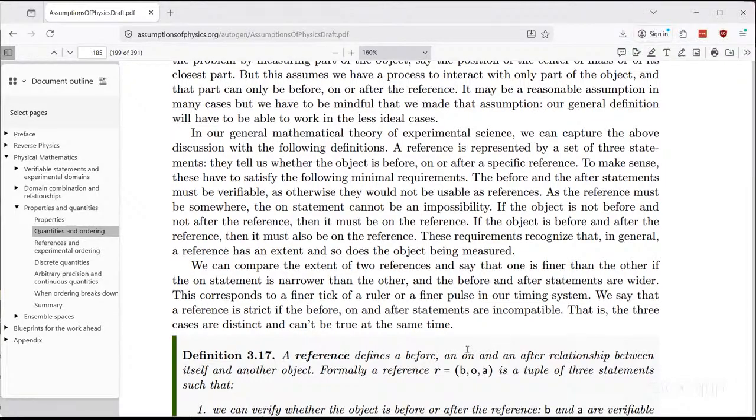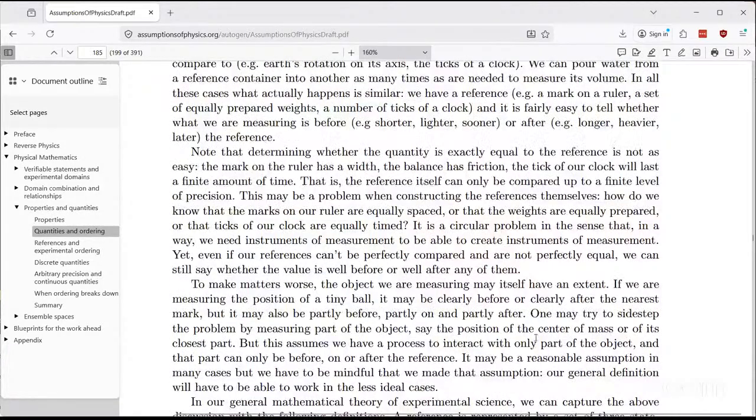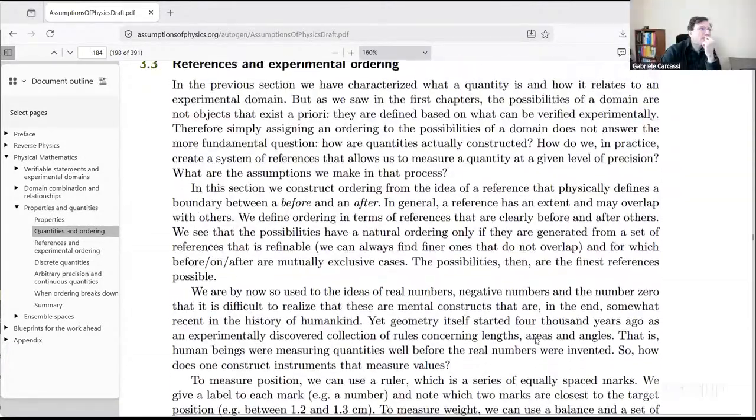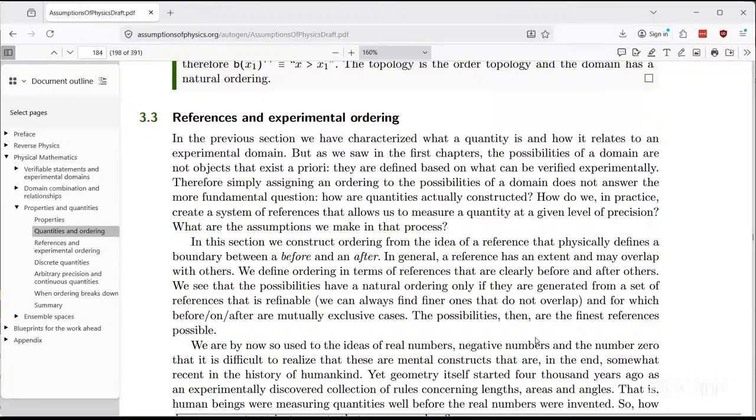Yeah, like if we can go up to the start of this section. Because maybe I misread. Maybe you're talking about the possibilities, the finest references possible.